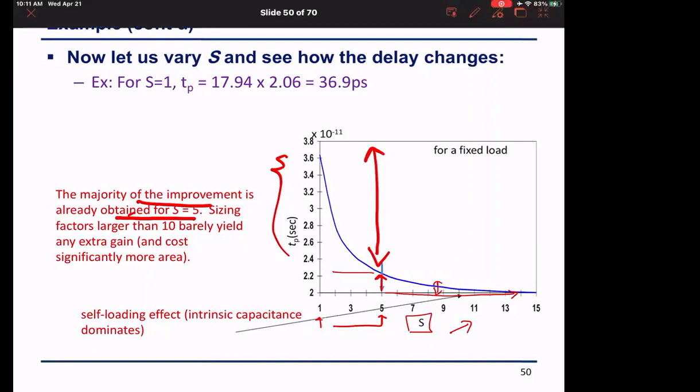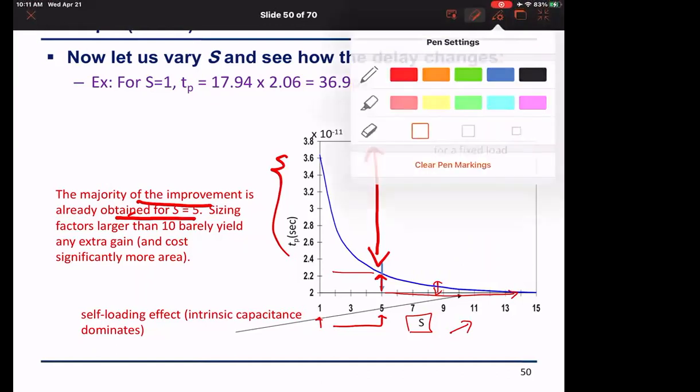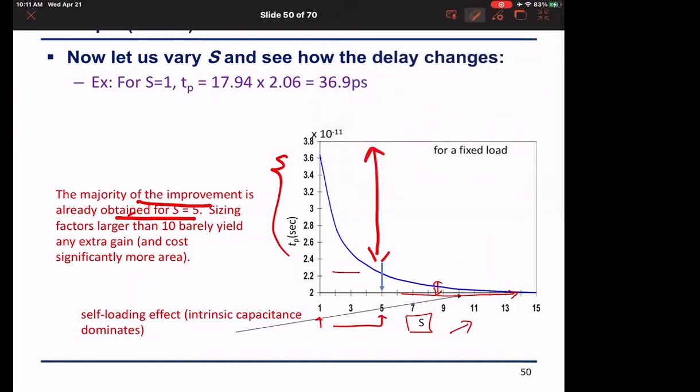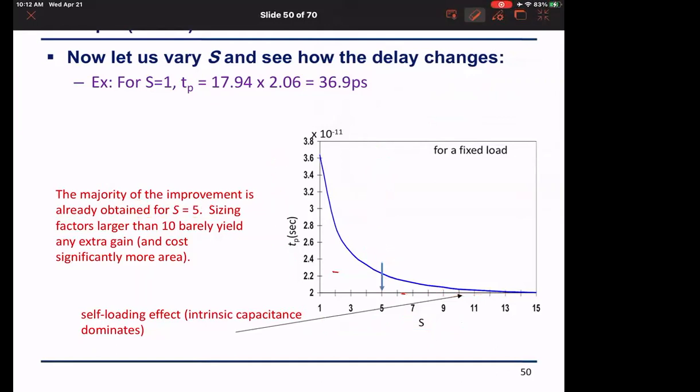One thing that we need to bear in mind is that I cannot keep sizing my gate infinitely, because I am going to load the stage before me. Although my intrinsic delay does not vary, because TP0 stays constant and TP equals TP0 into 1 plus C external over S C self, increasing S is going to decrease my TP.